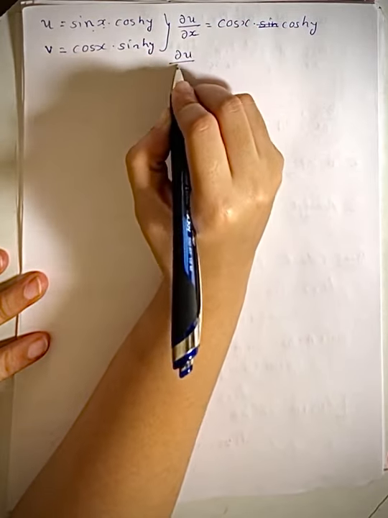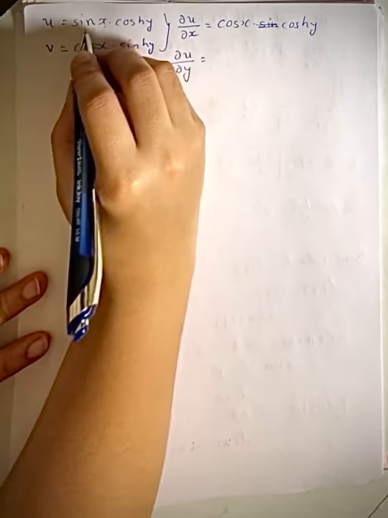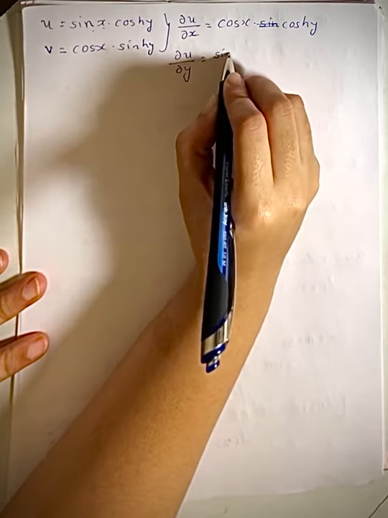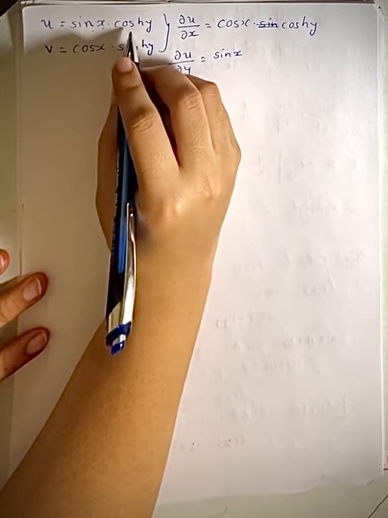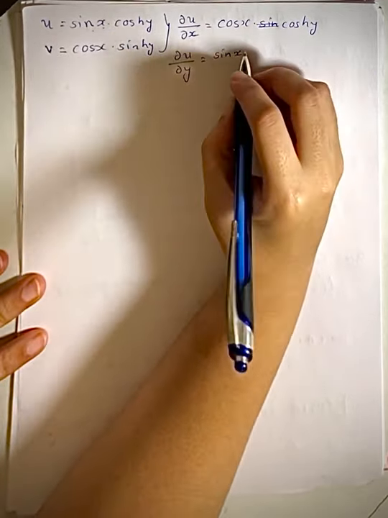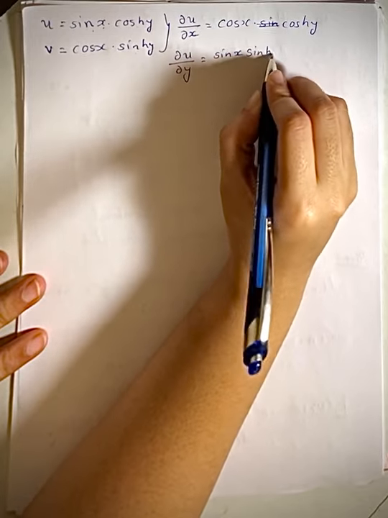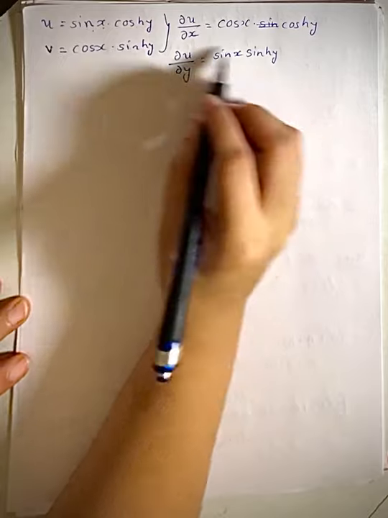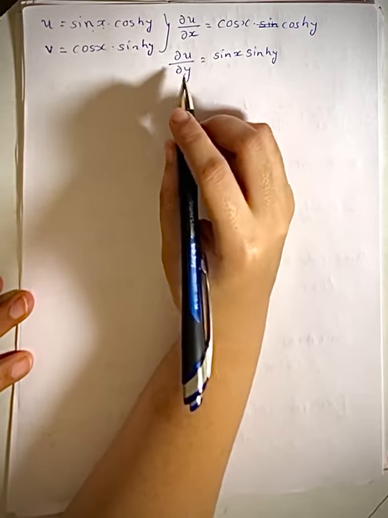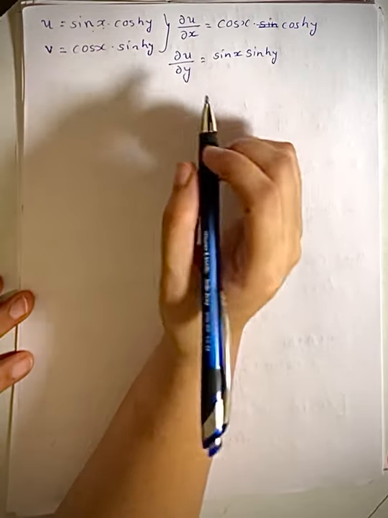Then del u by del y: sin x will be constant because this is a partial derivative with respect to y, and cos h y will become sin hy. These are the definitions of derivatives, so in case you don't know, you can go through the formulas and derivations.